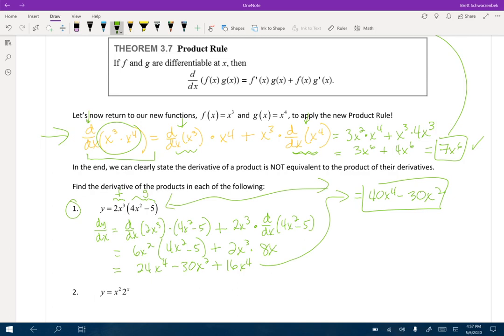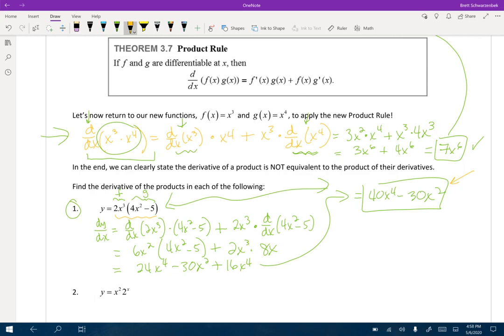Okay, so again, I want to be very clear. Even though we're in a different rule, we have not abandoned the same concept as before. If we graph this function and we want to determine what the slope of the tangent line is at any point, it's going to be this function over here.